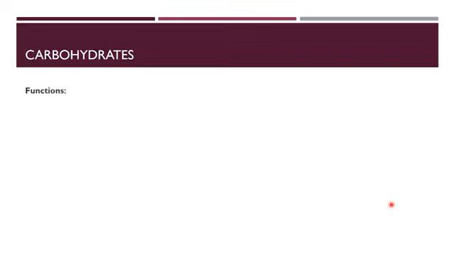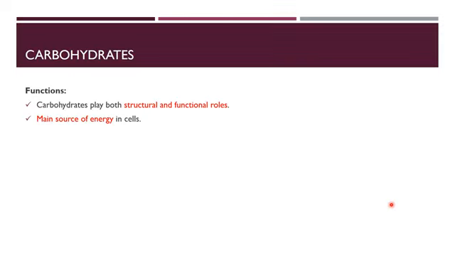Now, the functions of carbohydrates. Carbohydrates play structural and functional roles. Structural, because they are part of the membranes, and functional, because they provide energy. They are the main sources of energy in the cell, meaning the breakdown of carbohydrates releases a lot of energy.